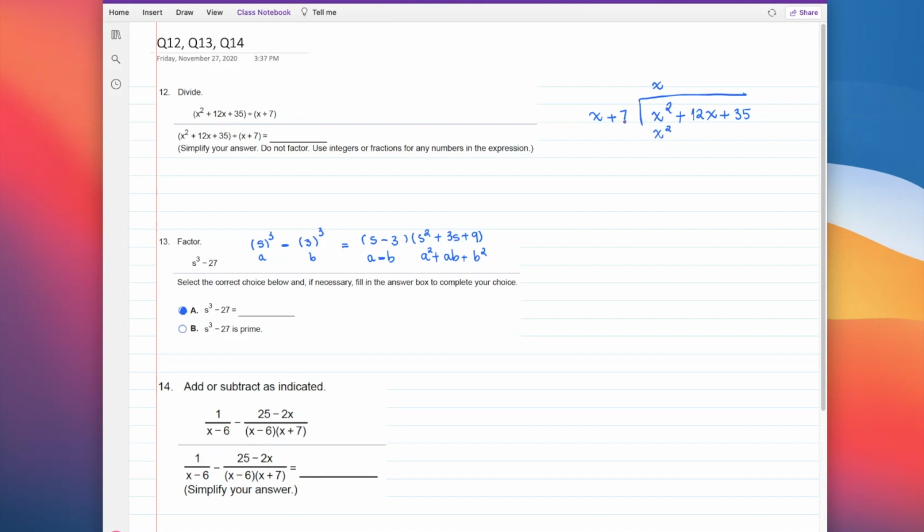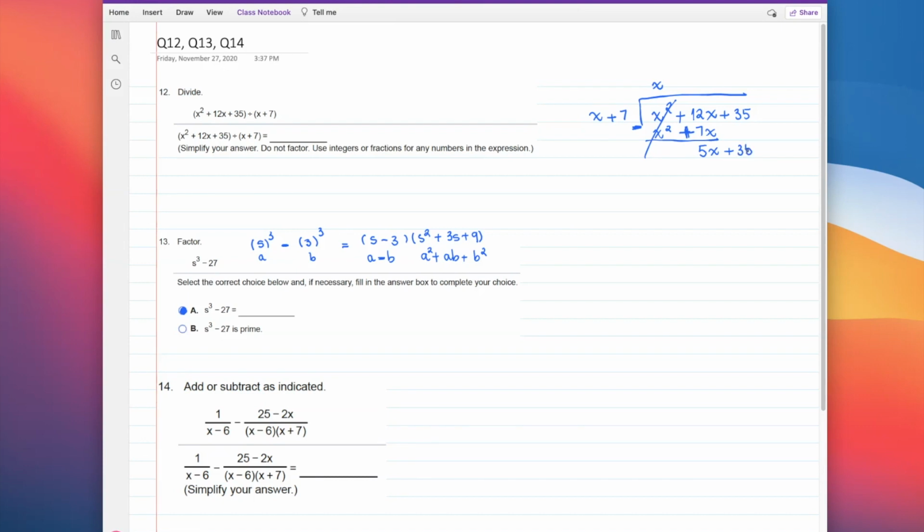Then I multiply by the second term and put here 7x. Just like long division, you subtract. This minus that is 0, so this disappears. 12 minus 7 is 5, so 5x. And now you bring down everything else, there is just one more term.